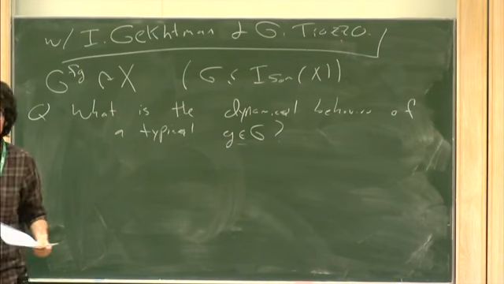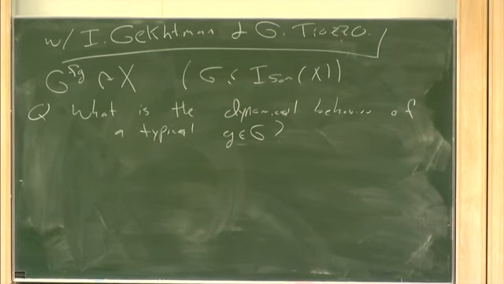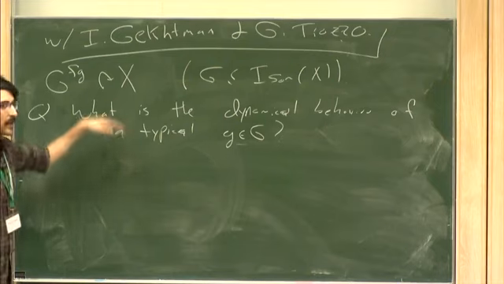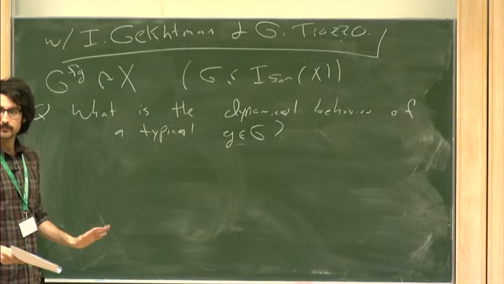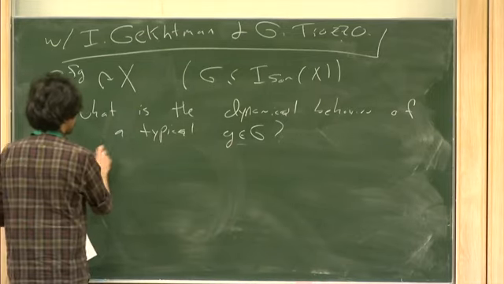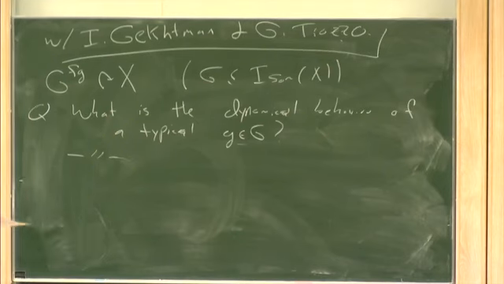So we'd like to understand the group G by the spaces on which it acts, and in particular, we can understand properties of that action via the dynamics of its elements. And we want to know, well, how does a typical element of G act? So I'll spend the first couple of minutes explaining what I mean by this question.